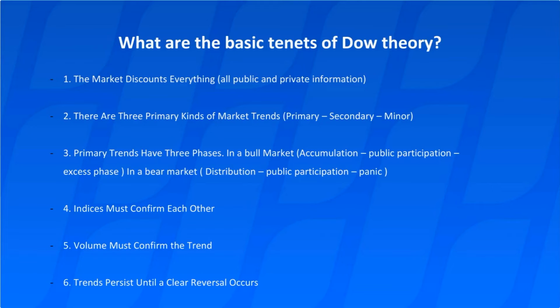Number three in the basic tenets of Dow theory is that the primary trends, which is the one that lasts for more than 1 year, basically have three phases. A bull market is a market which is going up.